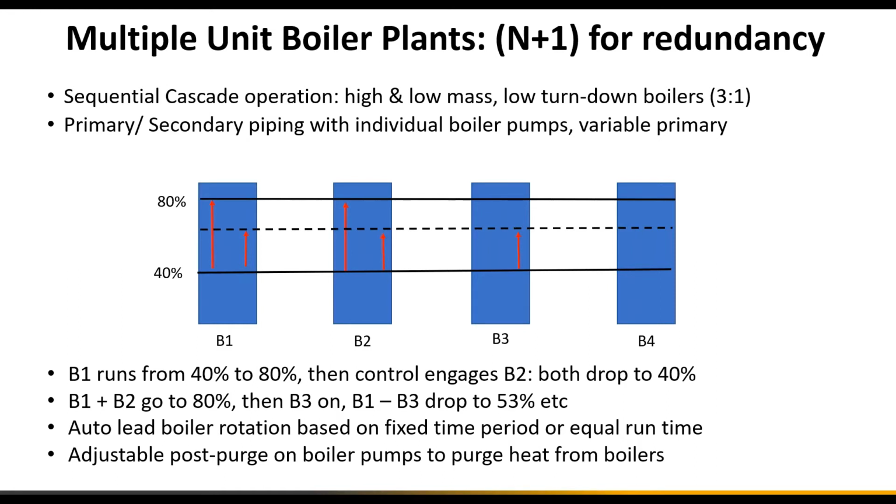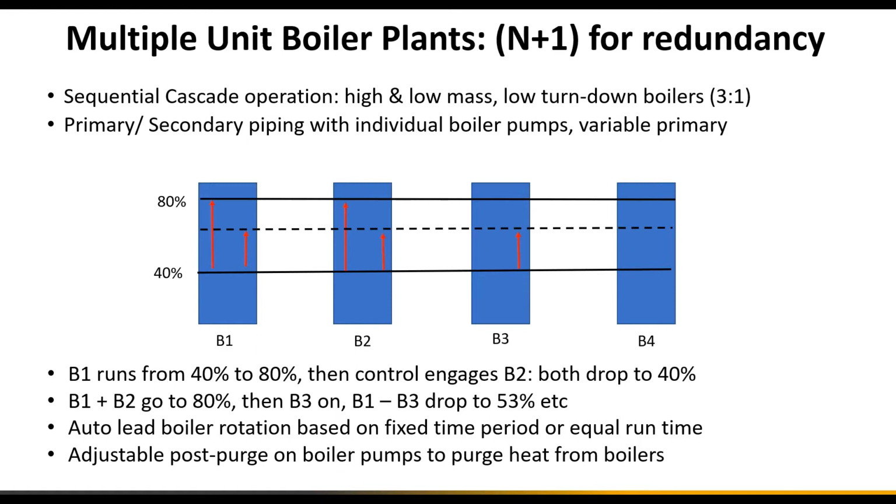Once the first unit ran up to 80%, it would bring on number 2, and now the 2 of them would run together, and then eventually number 3 would kick on, and so on. In these types of scenarios, we really rely on each individual boiler by itself. Typically, these would be piped up with primary, secondary piping with individual boilers, individual pumps in each boiler, and then the main building loop could be running in a variable primary mode.